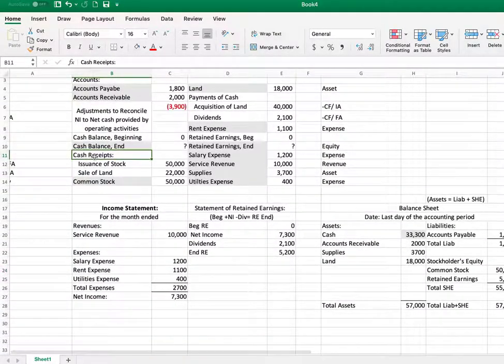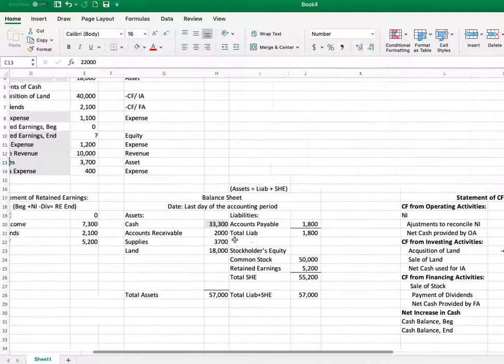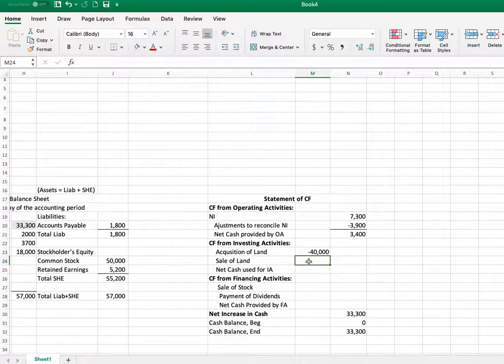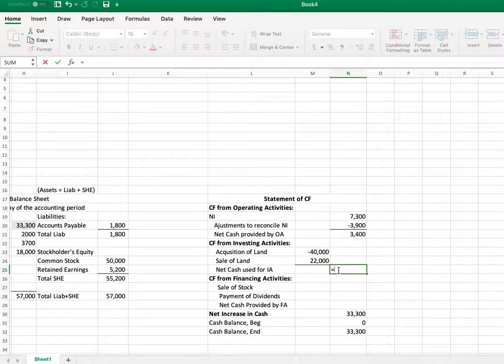And then here we sold some land. Well, when you sell land, you get cash. So it says cash receipts. We sold land and we got $22,000 for that land. So 22,000, and that's a positive number because we received that. So what we're going to do now is we're going to net that out, and the word net in accounting just means the difference between two numbers.